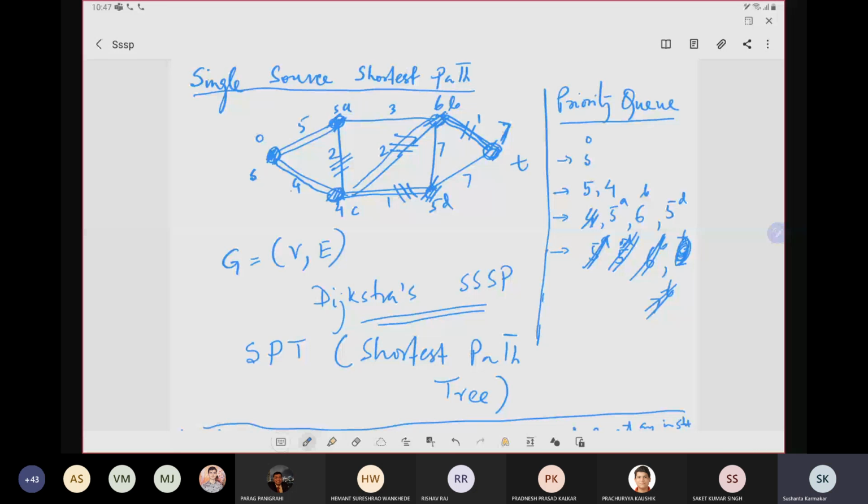So see, there is a difference. Here the sum is actually 2 plus 2 plus 1, 5, 5 plus 1, 6, 6 plus 4, 10.